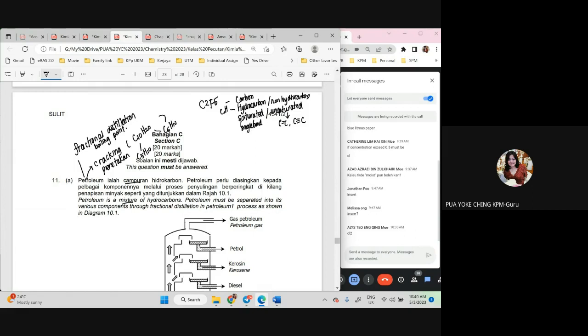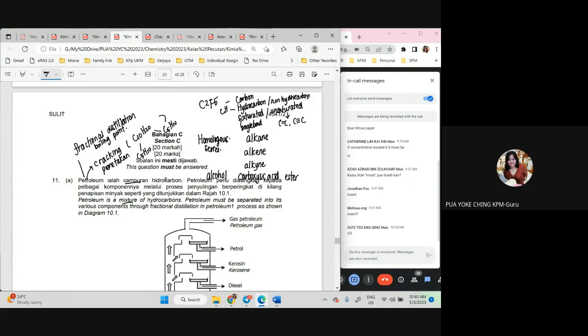After you learn all these things, then you akan masuk homologous series. Okay. In your syllabus, you learn alkane, alkene, alkyne, alcohol, carboxylic acid, and then ester.